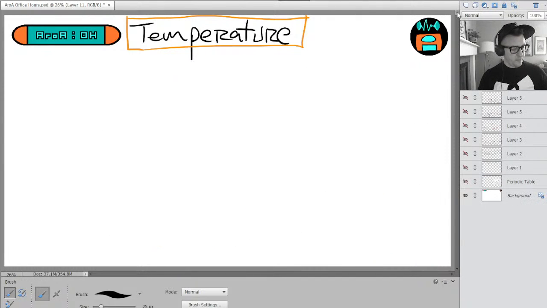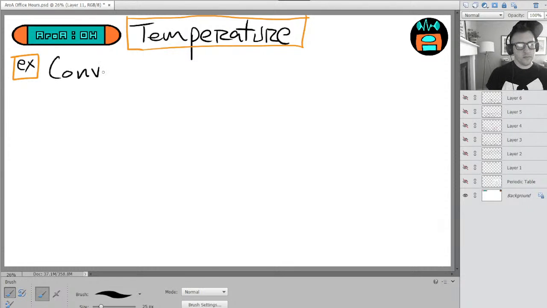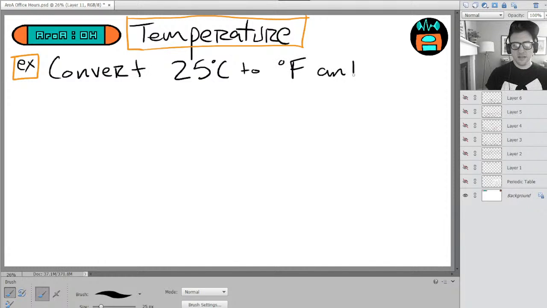Let's do a couple more. All right, convert 25 degrees Celsius to degrees Fahrenheit and Kelvin. So let's convert this to degrees Fahrenheit and to Kelvin.